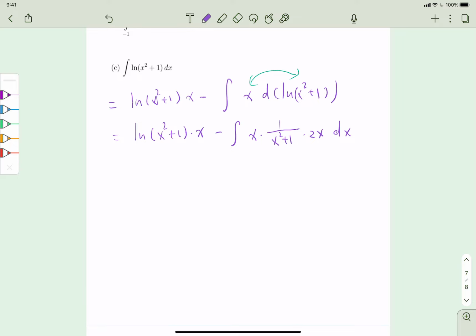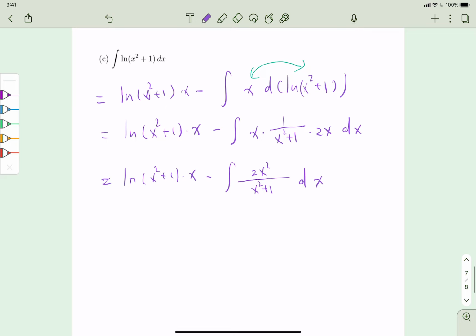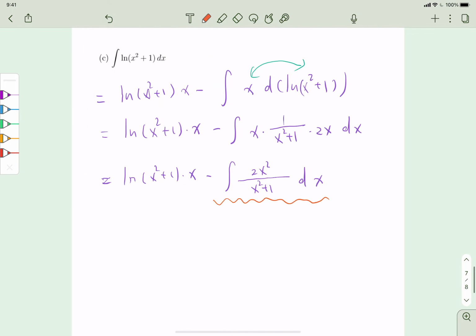And now we simplify the expression. This is ln of x squared plus 1 times x minus the integral of 2x squared over x squared plus 1 dx. We have gotten rid of the ln stuff. We just need to take care of this one here.